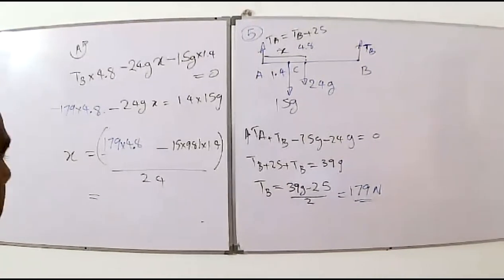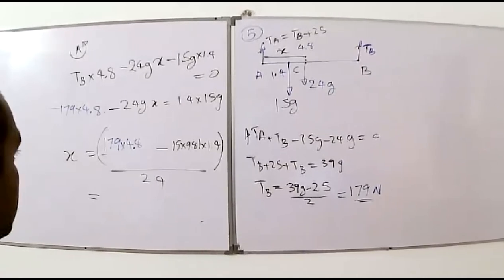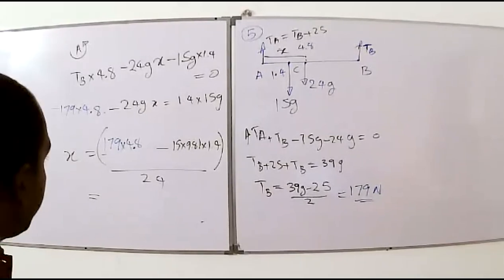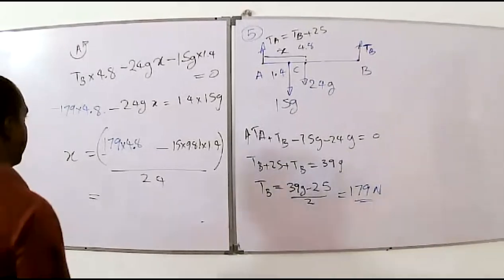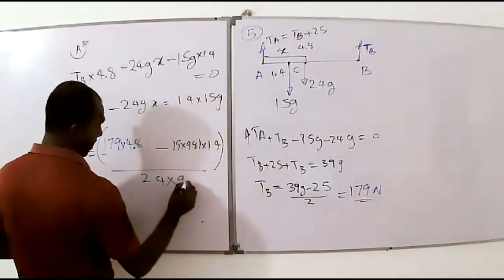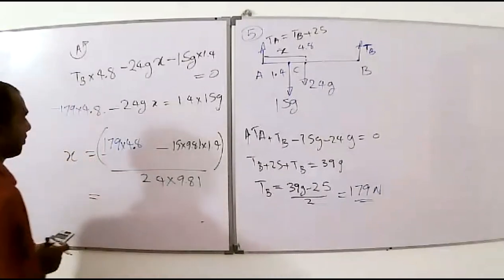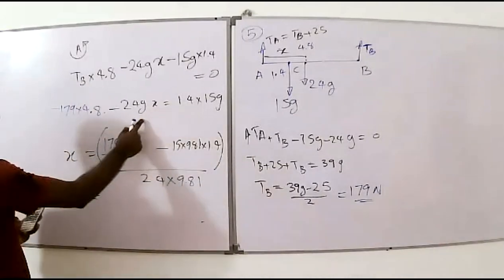You also got 27.21, so it can't be. Something has gone wrong. 24G, no? So I have to divide this by 9.81 also.